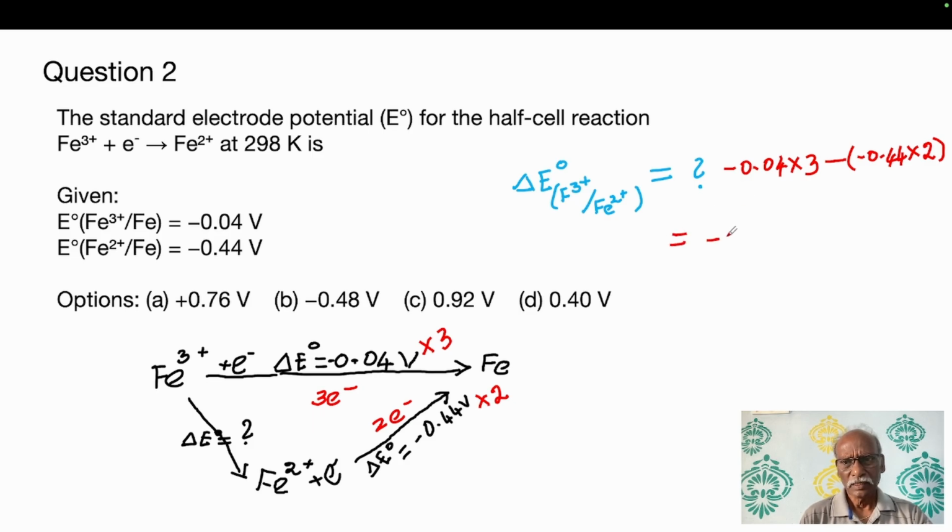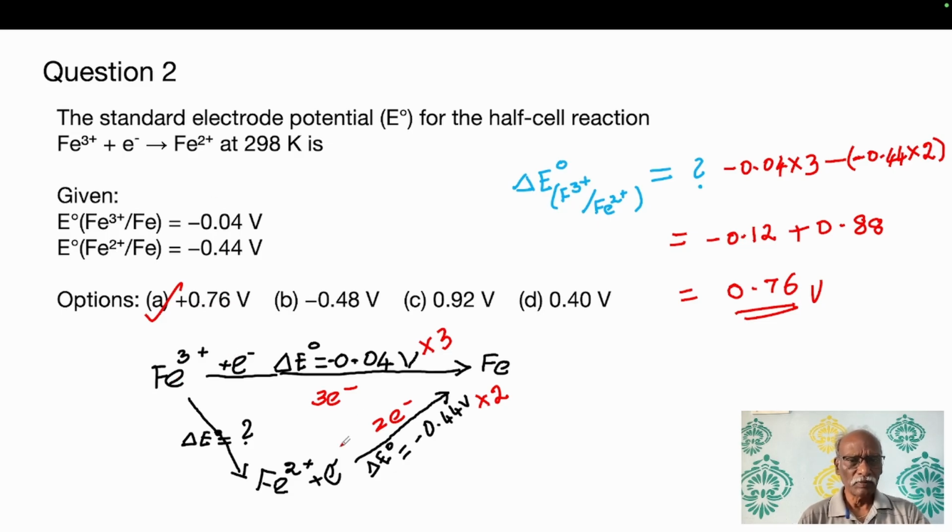This is minus 0.12, and here plus, minus into minus is plus, 0.88. Finally, we have 0.76 volt. Where is the answer? Here is the answer. It is so simple.